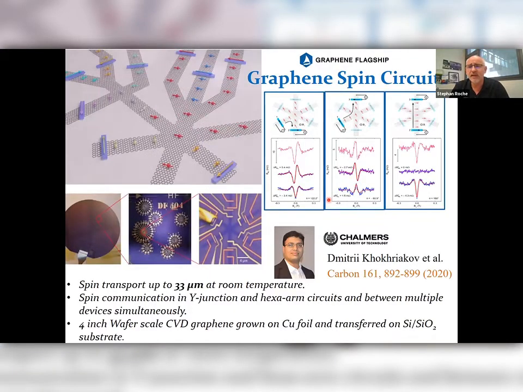Particularly now, thanks to large-scale graphene, you can engineer very complex architectures. You can deposit a lot of different types of contacts, and you can probe the spin information propagation over very long distances through very different types of interconnected devices.